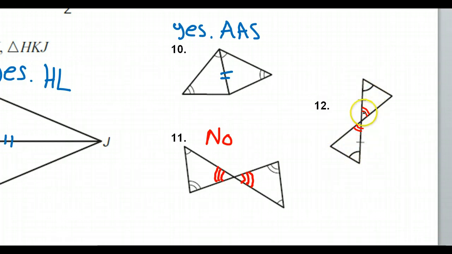I've got two angles and I have the side in the middle, congruent to two angles and the side in the middle. So when I have two angles and the side in the middle, I will say yes because of angle, side, angle. Angle, side, angle. Two angles and the side in the middle.